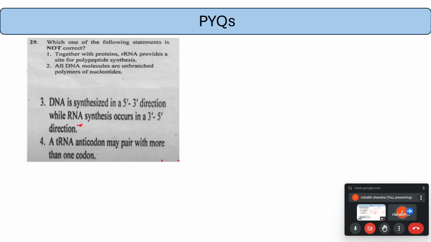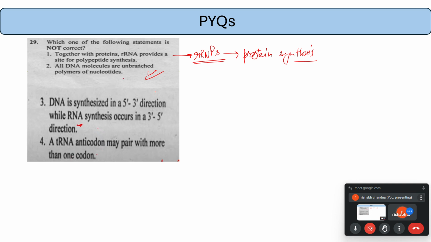Now moving on to the next question. Which one of the following statements is not correct? Together with proteins, rRNA provides a site for polypeptide synthesis. The ribosomal RNPs are basically involved in protein synthesis. That is true. All DNA molecules are unbranched polymers of nucleotides.